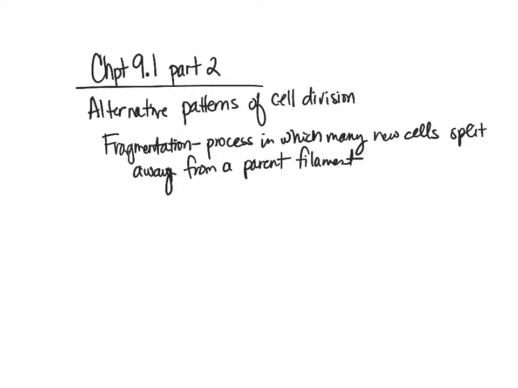So we see this in, for example, actinomyces. In actinomyces, these are anaerobic soil organisms. Soil-based, I guess. They live in the soil. And then also we see this in some cyanobacteria.